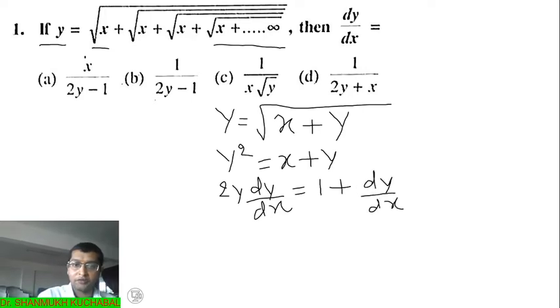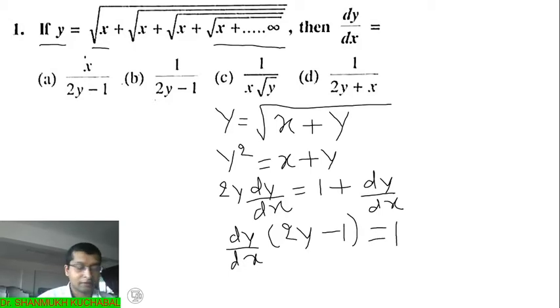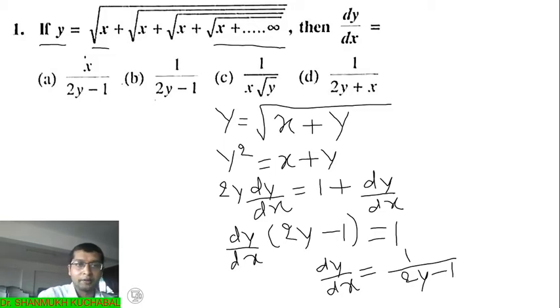Taking dy by dx common, we get 2y dy by dx minus dy by dx equals 1. So dy by dx times (2y minus 1) equals 1, therefore the solution is dy by dx equals 1 over (2y minus 1), that is option B is the right answer.